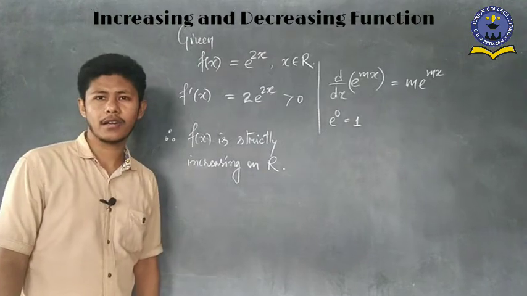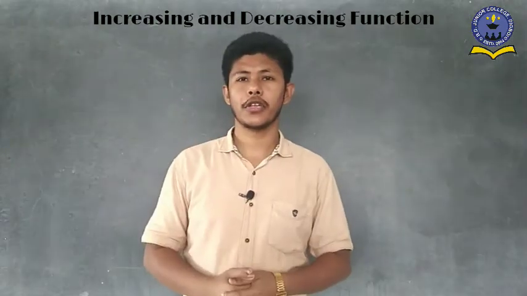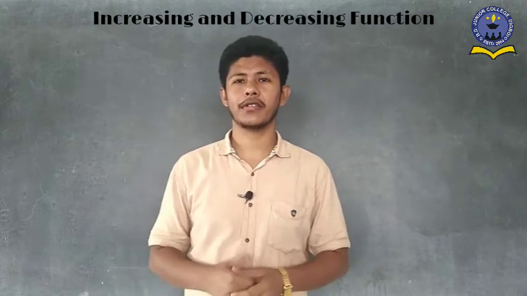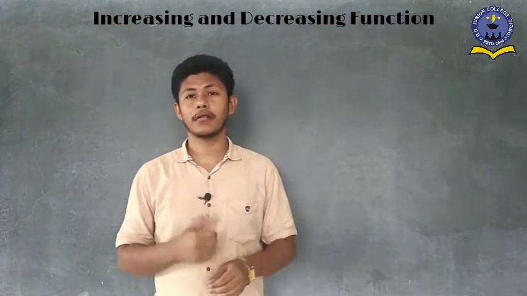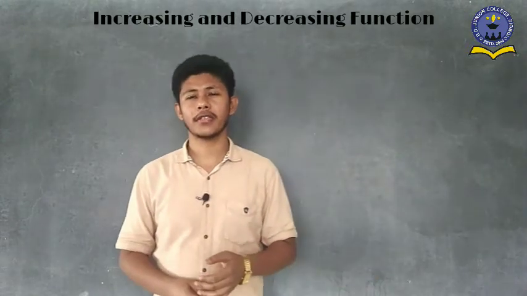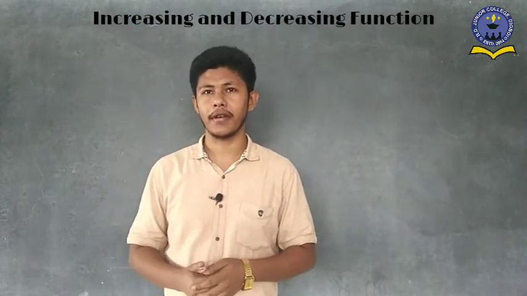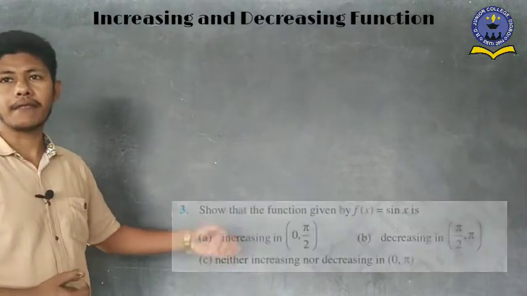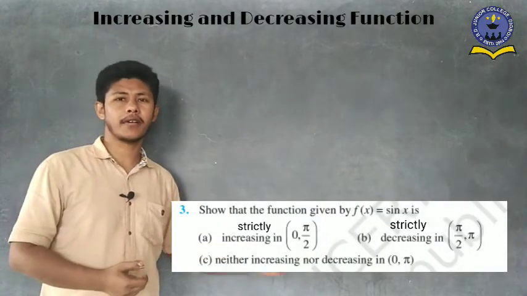Is it clear? Now after completing question number 2, the third question is, if you see, f(x) equal to sin x is given. This is a trigonometric function, and here 3 conditions are given.